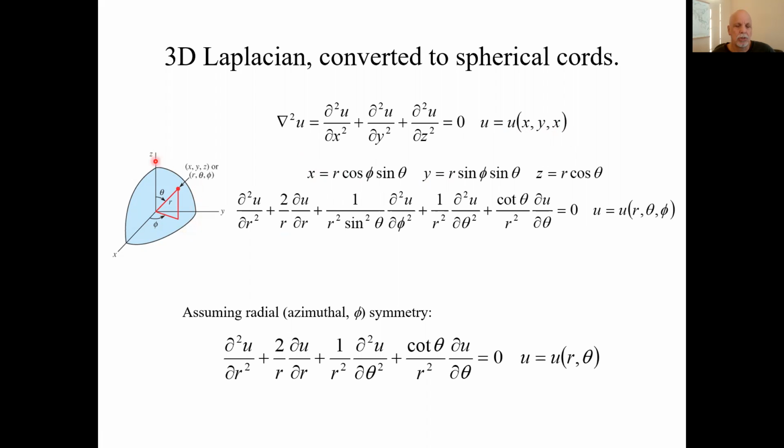This shows geometrically how they're defined. You have a new x, y, and z in terms of r, theta, and phi. And if you go through a very painful, tedious chain rule exercise, this equation becomes this equation in spherical coordinates.